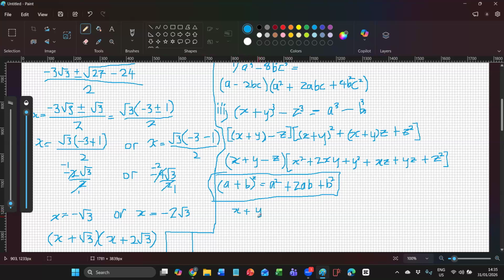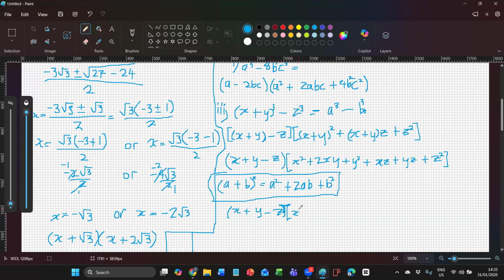This first bracket is already as simplified as it can be. No need to do anything else to it. Just write it down. Then this one now, I can bring all the squares together.